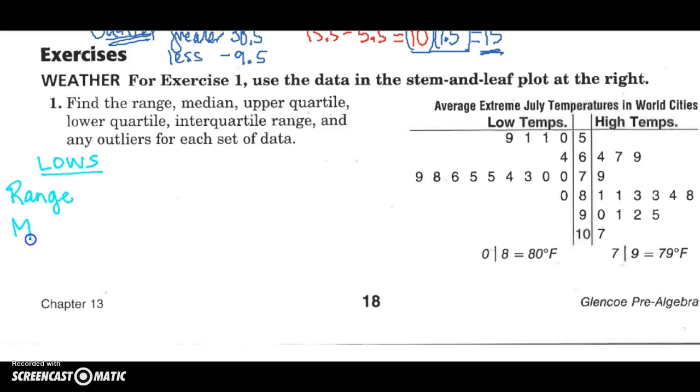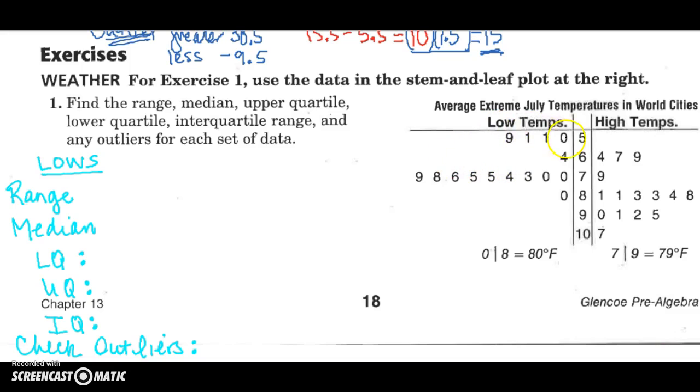It doesn't matter which one you do first. We need the median. We need the lower quartile. We need the upper quartile. We are going to need to know the interquartile range. And I would like to check for outliers, just for the practice. All right, let's change colors. Here we go.